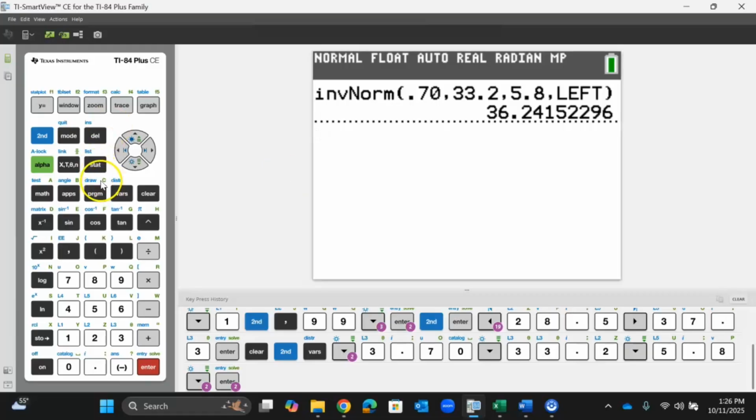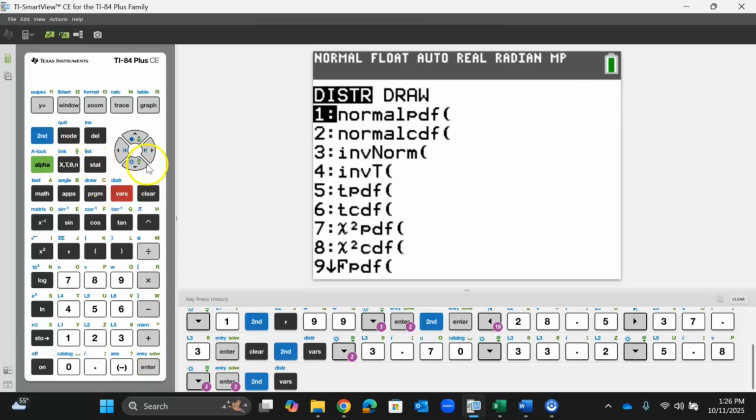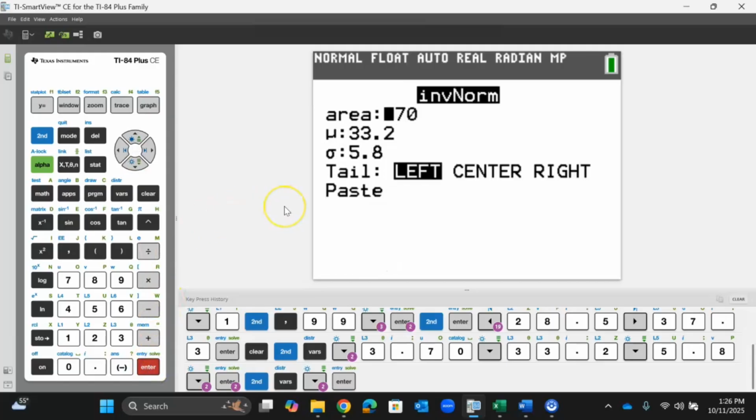We can do this again for part F. So second, vars, and again we go to inverse norm. I am only going to do everything to the left here, just to keep everyone on the same page. If you want to calculate this on the right, and I've got time in this video, I will do that.